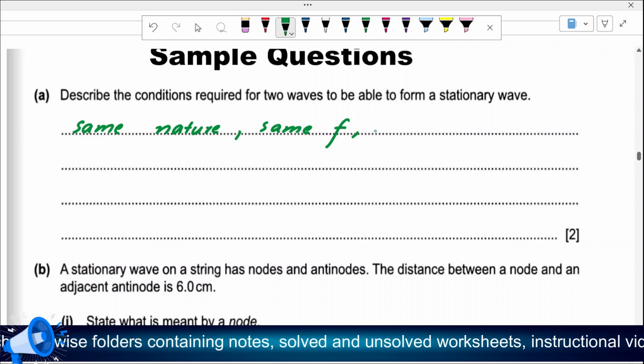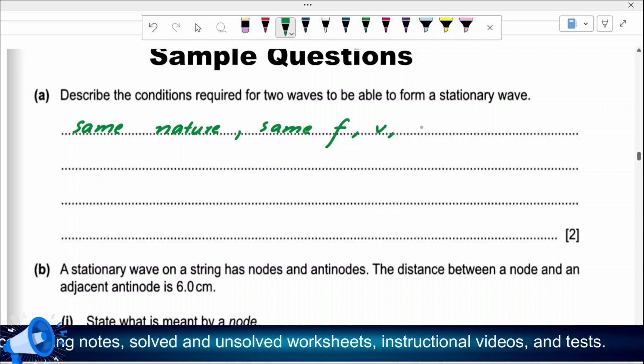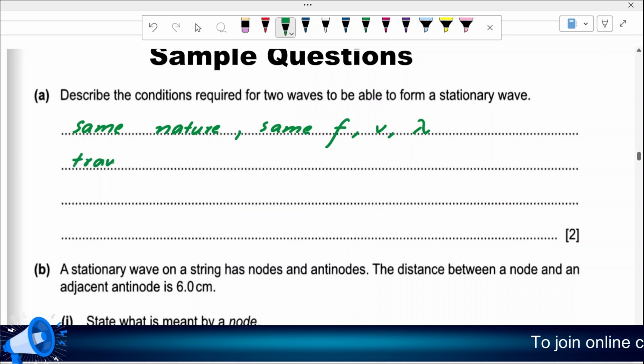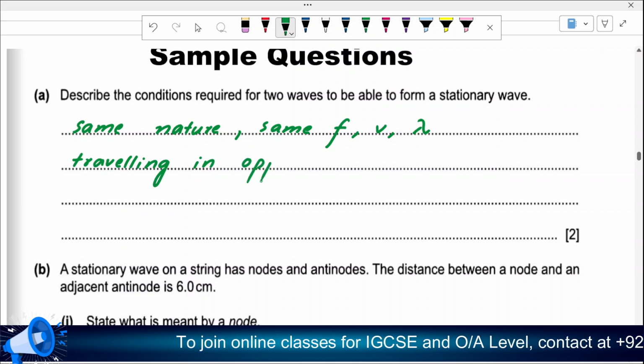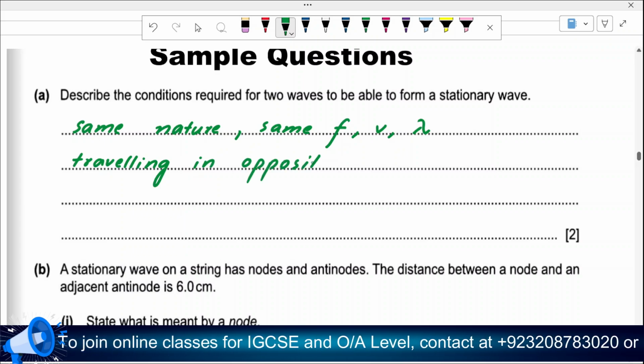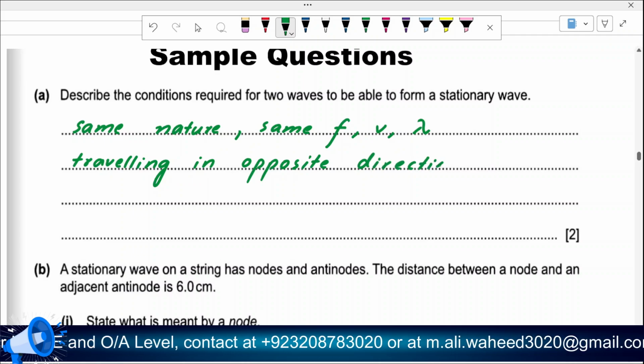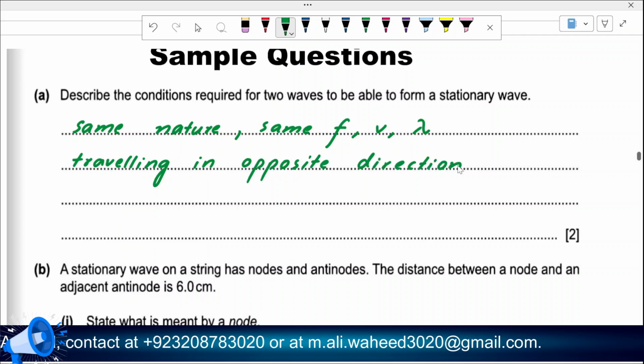Same frequency, speed, or wavelength. I mean, if frequency and speed are the same, then wavelength would automatically be the same. Then traveling in opposite direction. The two waves must be traveling in the opposite direction, for example, the incident wave and the reflected wave.